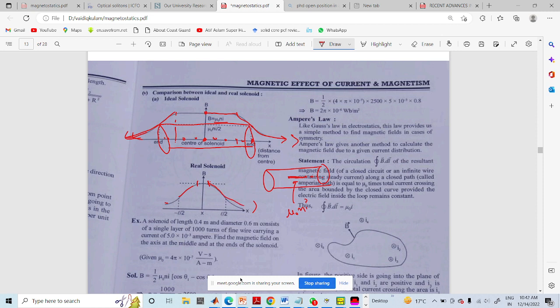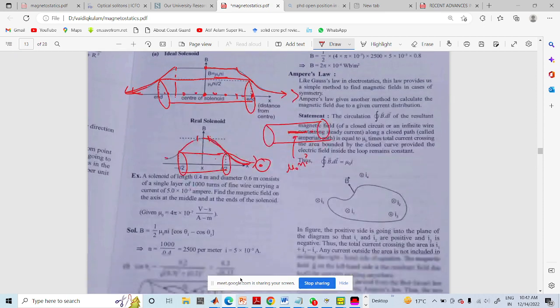So as you go far along x, the magnetic field decreases in this way, and this is the end of the solenoid. After this end of the solenoid, it will fall down something like this, right? So it goes to 0. At this point the magnetic field will be 0.